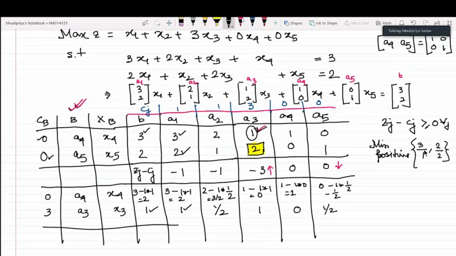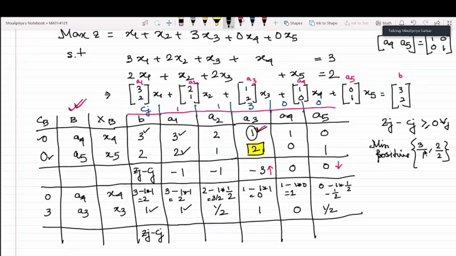So now we would again be required to calculate the index number, which is Zj minus Cj. So what about the index number corresponding to A1?